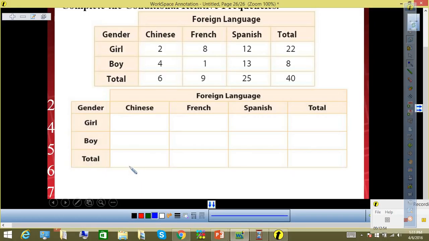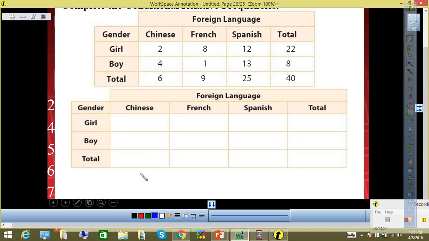Which ones are we going to focus on? Okay. Boy, girl, Chinese, both, yes. So give me one cell. What I mean by cell is which box am I going to focus on?